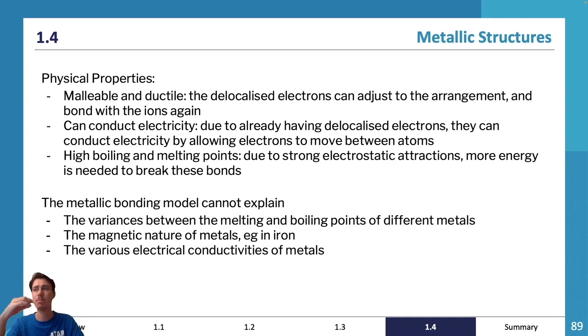The metallic bonding model cannot explain the variance between melting and boiling points, the magnetic nature of metals, the various electrical conductivity of metals. So there are some elements of metals which are really different. Some metals are magnetic, some metals are not. Some metals are conductive far more than others. The variance between melting and boiling points is considerable between metals.